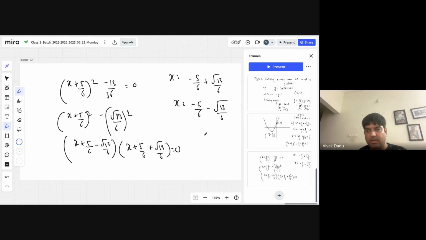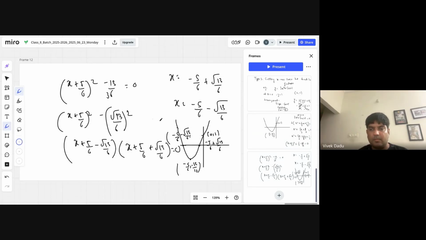So final plot will be zero comma 1 and minus 5 by 6 comma minus 13 by 12, then this point is minus 5 by 6 plus root 13 by 6, this is more negative and this is less negative. Okay. This point and this point.